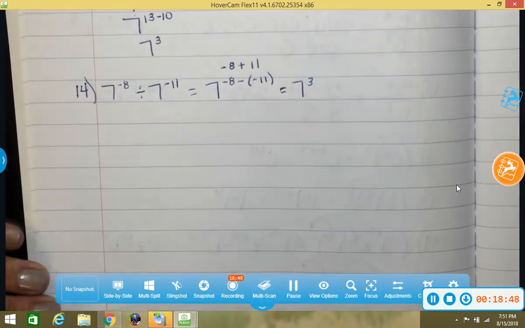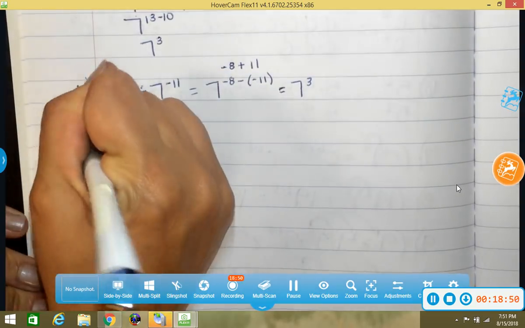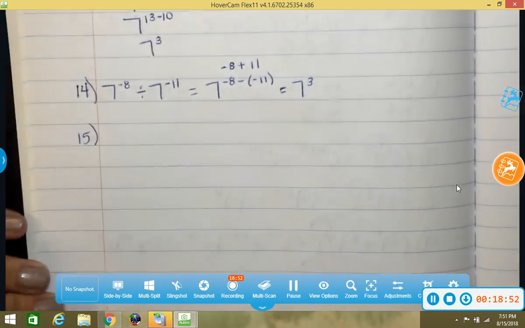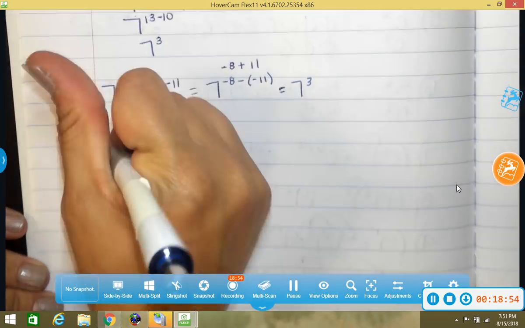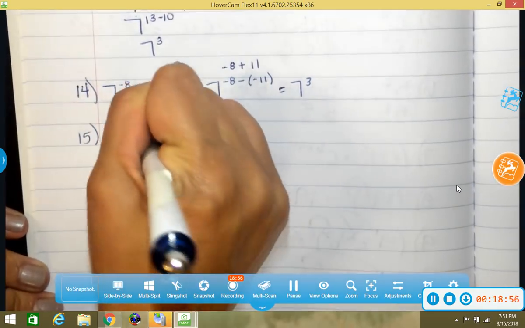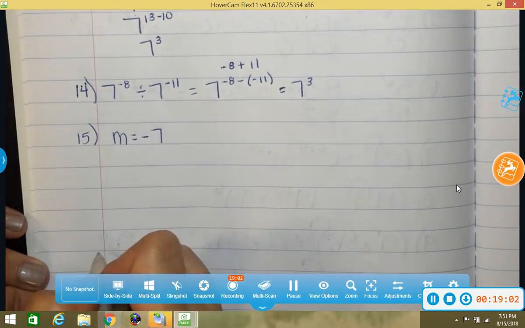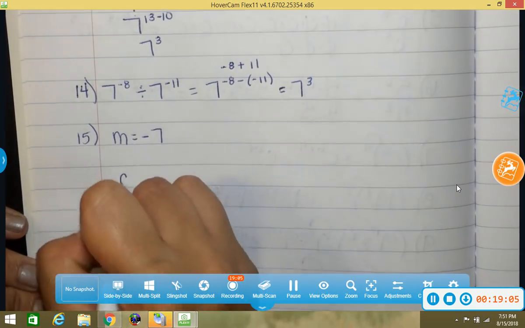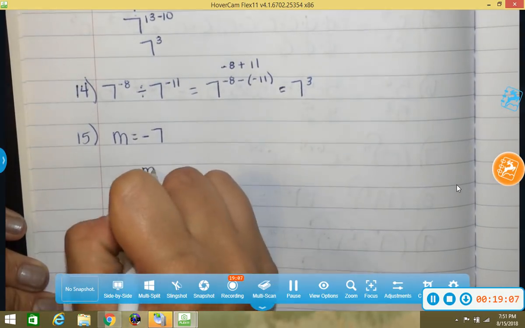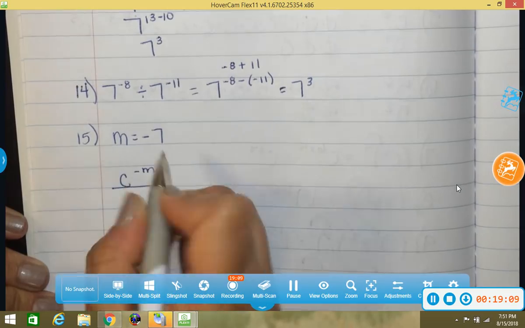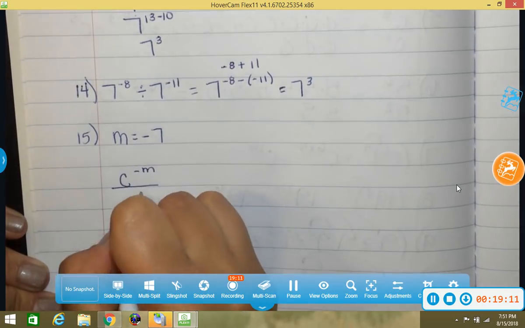Okay, and the last one that we're going to look at, I'm going to tell you in this one that m equals negative 7. We're going to have to plug this in to the problem. The problem is c to the negative m power divided by c to the m power.